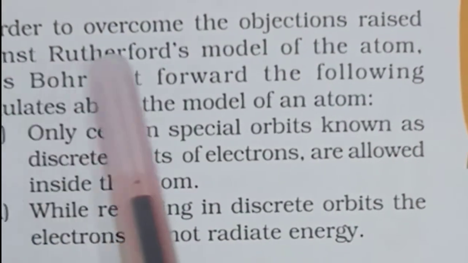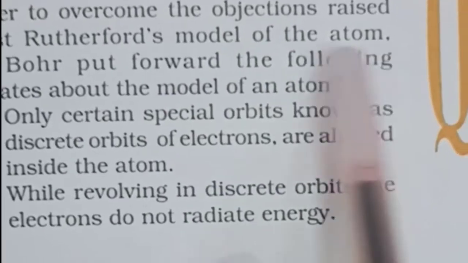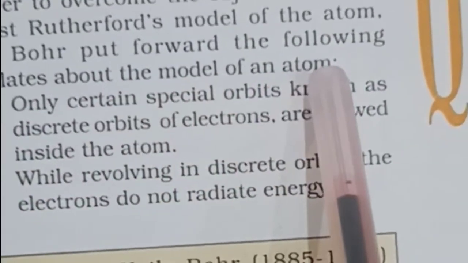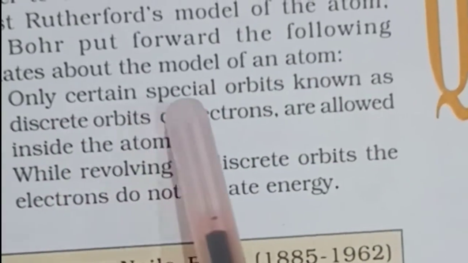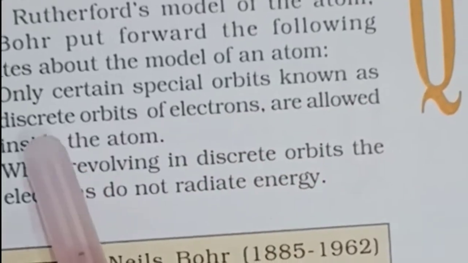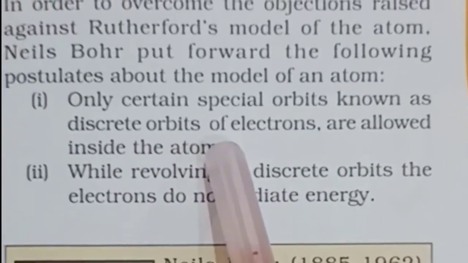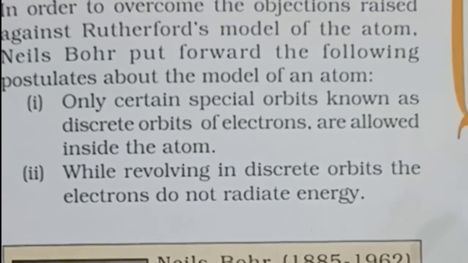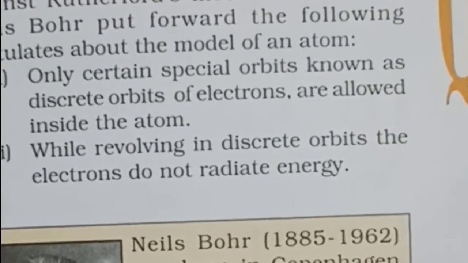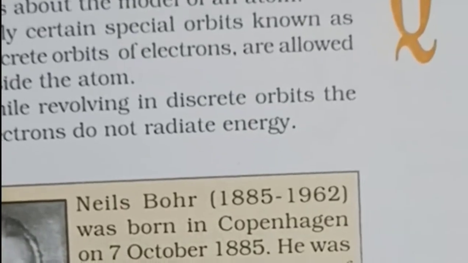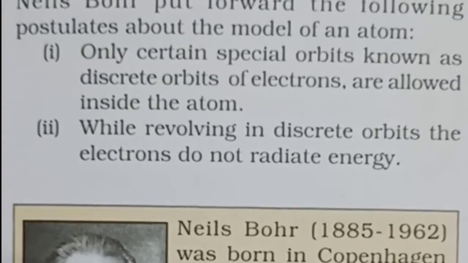So in order to overcome the objection raised against Rutherford's model of an atom, Niels Bohr put forward the following postulates. He told that only certain special orbits known as discrete orbits of electrons are allowed inside the atom. That means some particular orbits of electrons are allowed inside the atom. While revolving in discrete orbits, the electrons do not radiate energy.